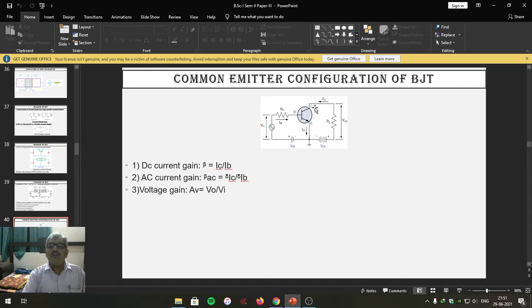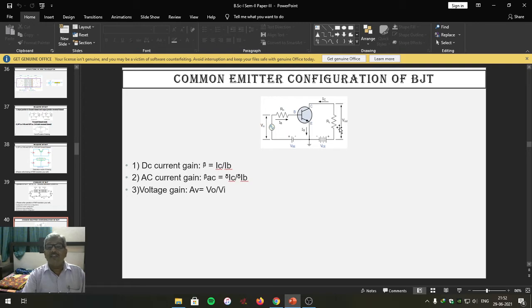With this considered aspect of BJT, the emitter is grounded. Look here, this is the emitter terminal which is grounded, and this is the symbol of ground. This emitter is now common for input. On this side there is an input, whereas on this side there is an output, because we are applying input here and we are getting output across this resistance.